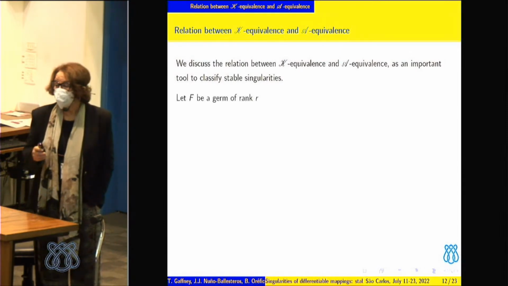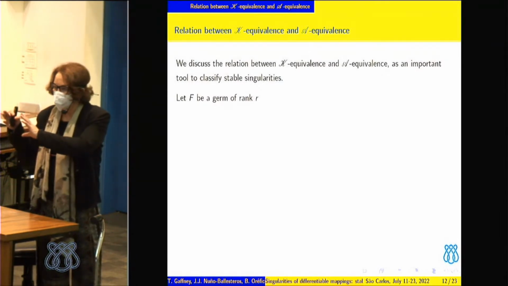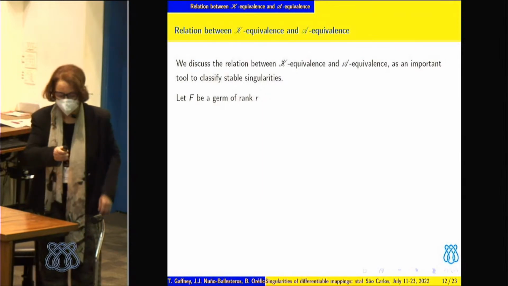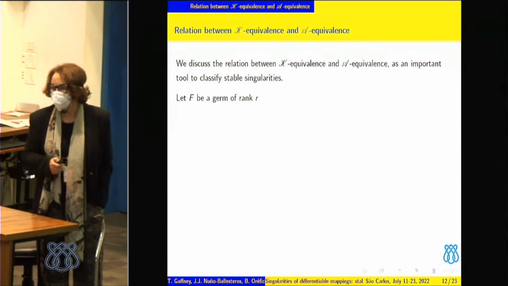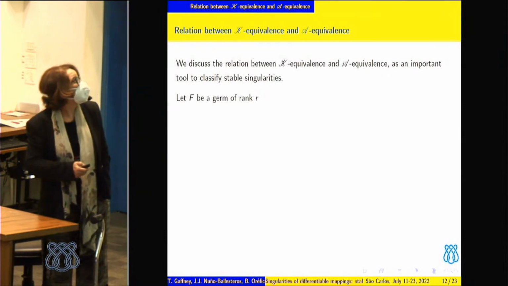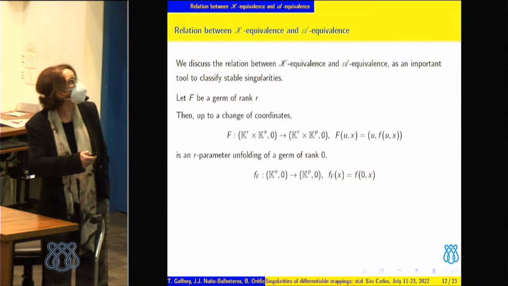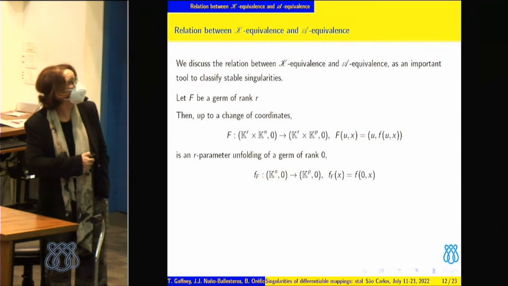So now we want first to look at how to go from A orbits, so A-equivalence, to K-equivalence. And I take any germ of rank R. So let's take a germ of rank R. By change of coordinates, we can write F in this way, right?